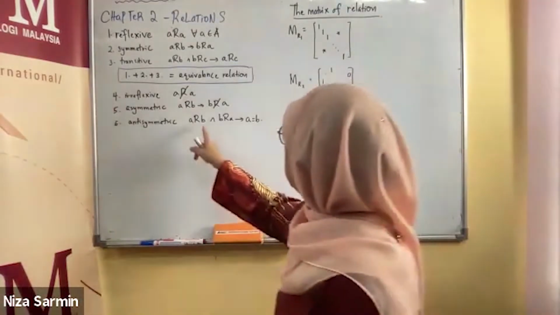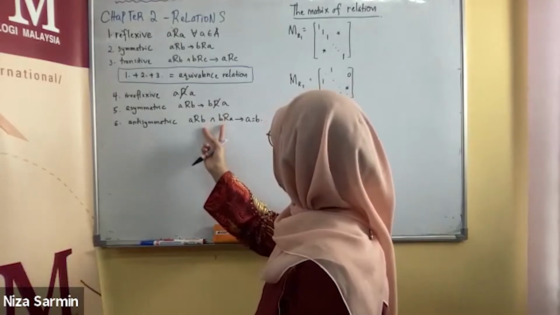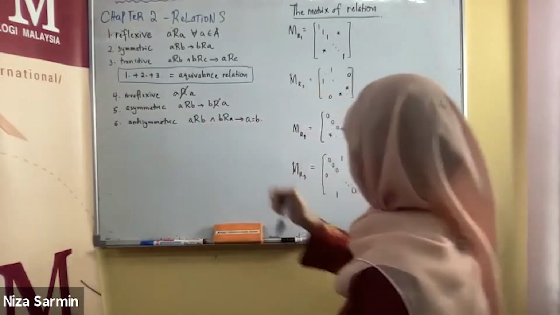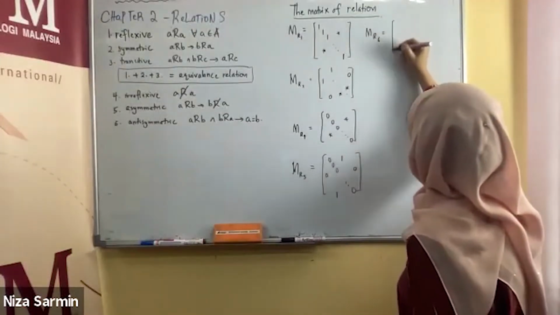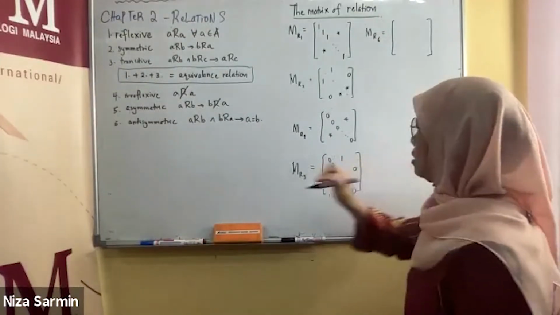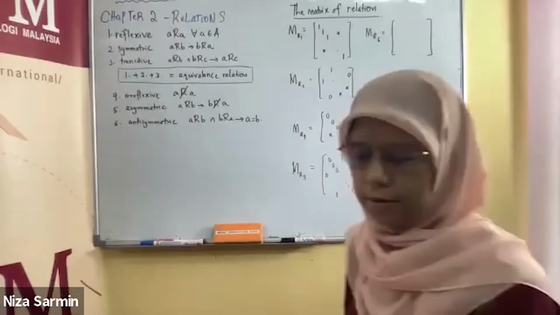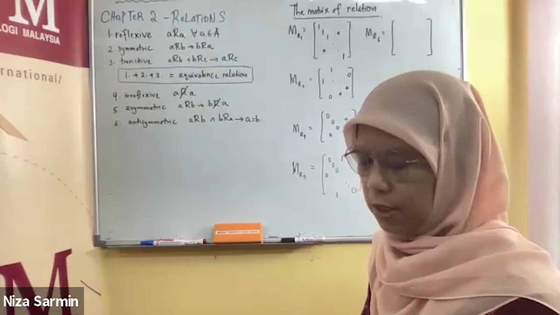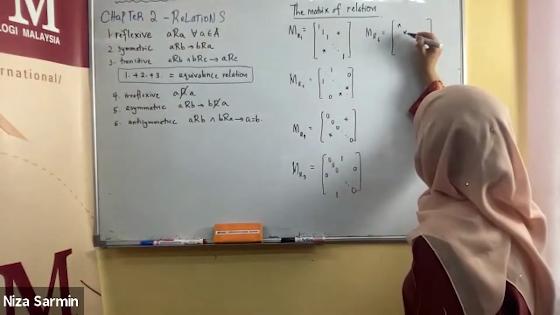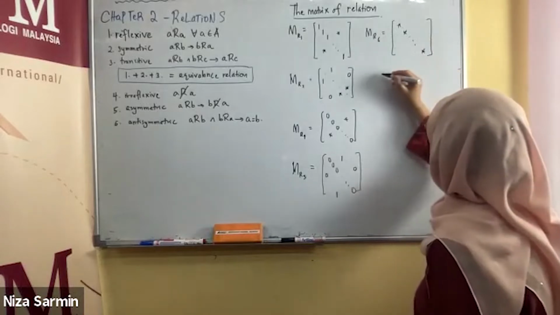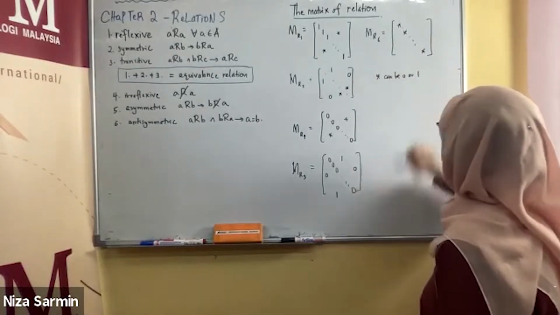Now, what about antisymmetry? This says the only place where you can have both is the diagonal. The diagonal can be 0 or 1, so I put a star here. Star can be 0 or 1.